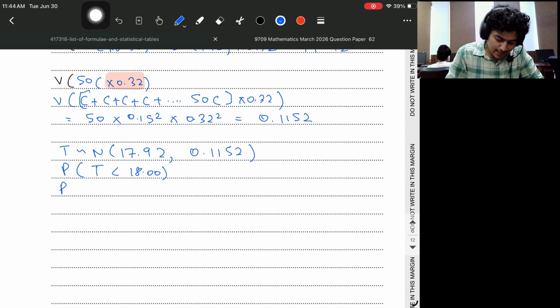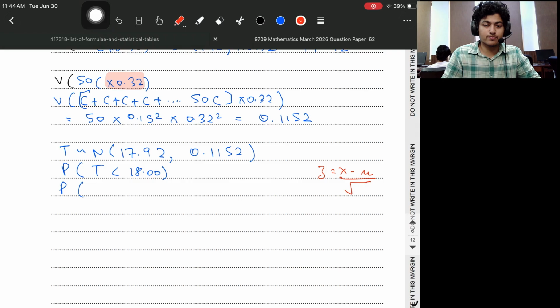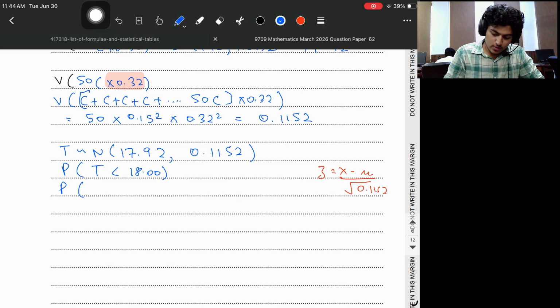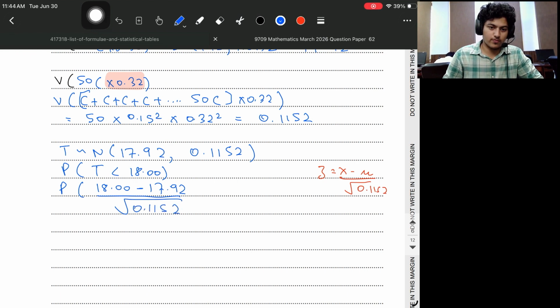So just applying the z formula that we learned earlier, the z formula being x minus mu over the standard deviation, under root of the variance, my bad, that would just be 18.00 minus 17.92 divided by under root of 0.1152, right?